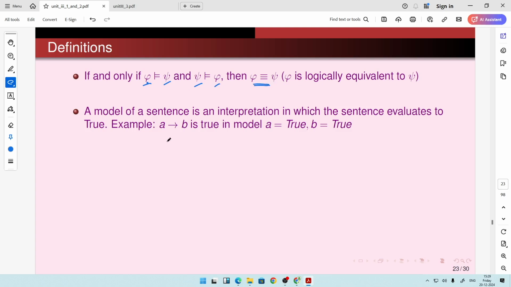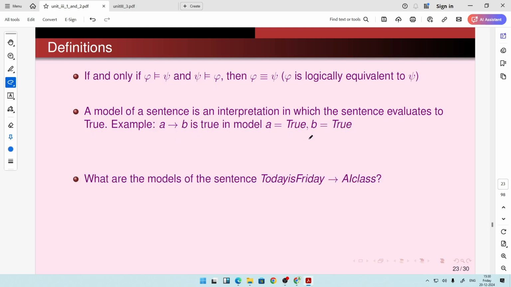And what is a model? In propositional logic, it is an interpretation in which the formula evaluates to true. For example, take the formula A implies B. This is true when A is true and B is true. Therefore, we say that A and B being true and true is a model, where A implies B is true.